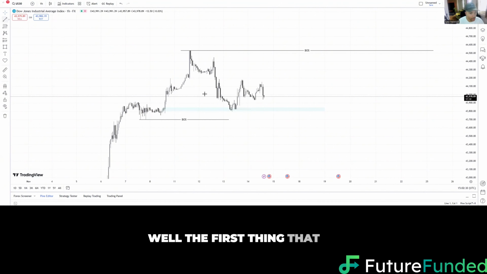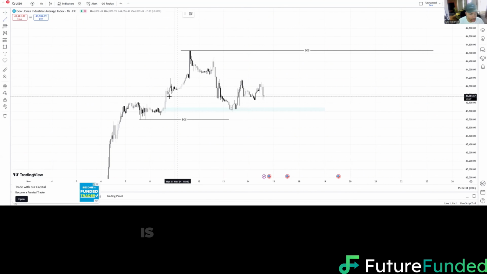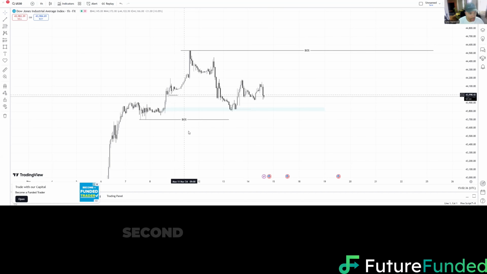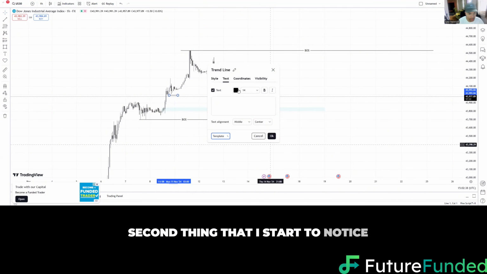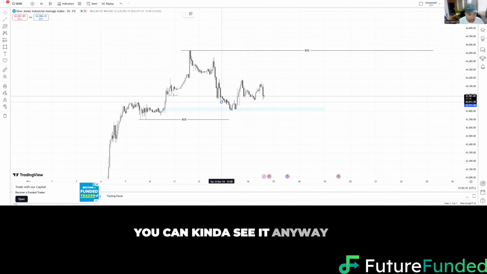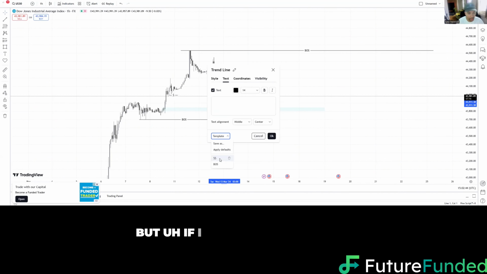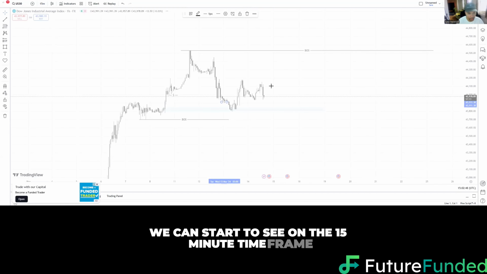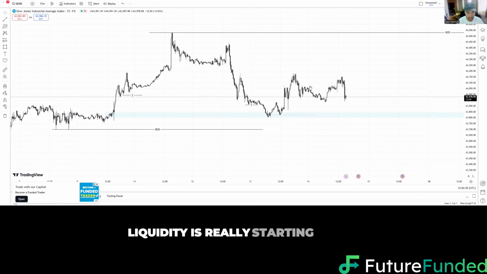The first thing that I start to notice is there's a buildup of liquidity right here. The second thing I notice is, if I go into the lower time frames, on the 15-minute time frame, liquidity is really starting to build up here.